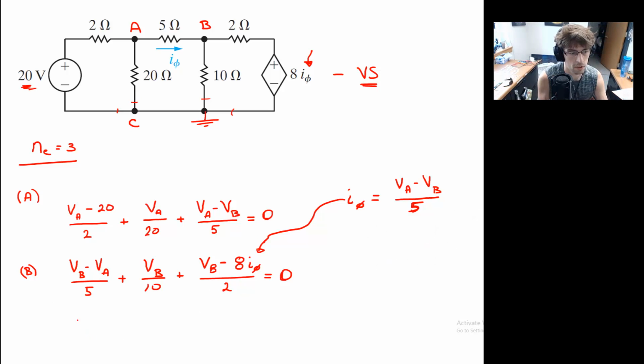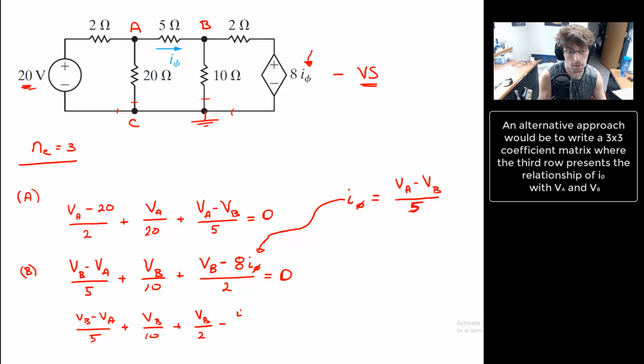So if we substitute this in, we have something like, I'll leave everything else untouched for right now, VB minus VA over 5 plus VB over 10 plus, now we got to be careful here, don't want to make any mistakes, VB over 2 minus, now we have 8 over 2, that's 4.